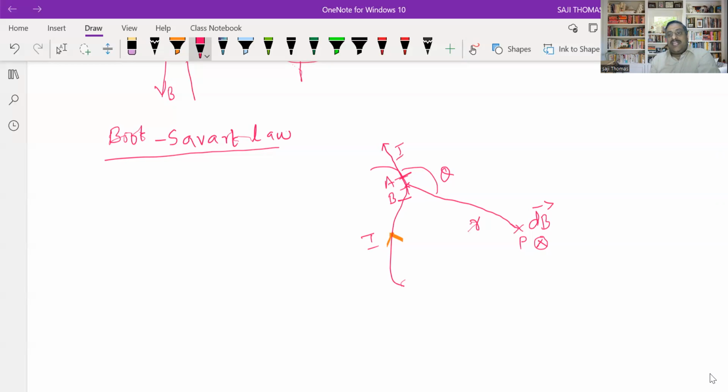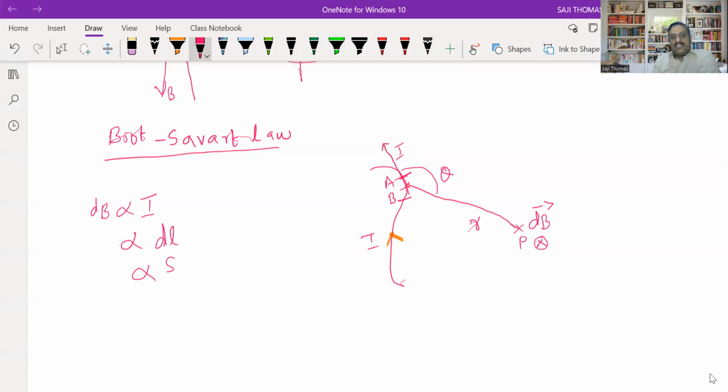Now I am coming to the statement of the Biot-Savart law. This magnetic field dB is directly proportional to the strength of the current. Directly proportional to the length of the element.